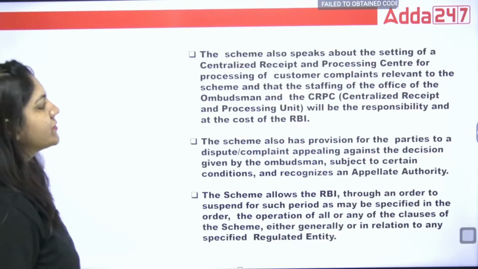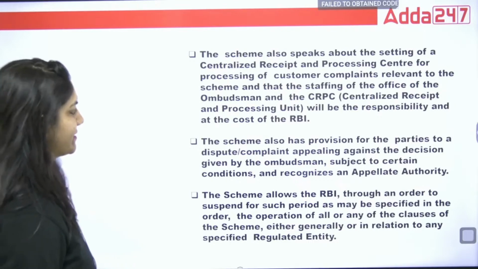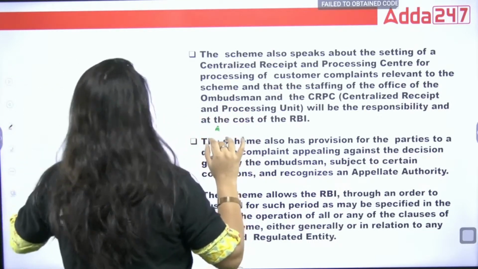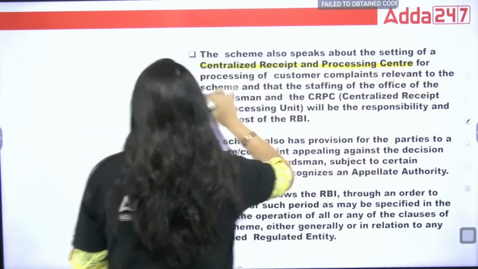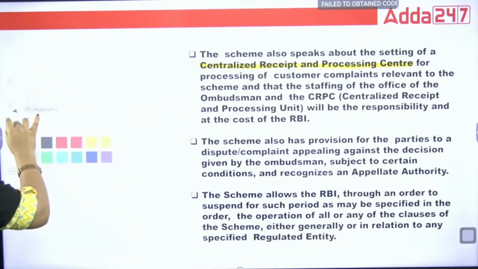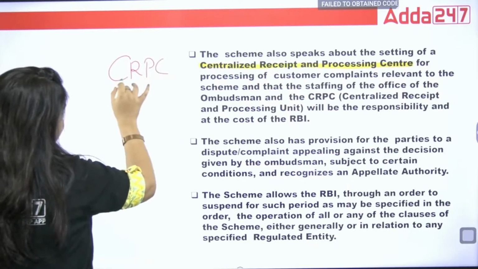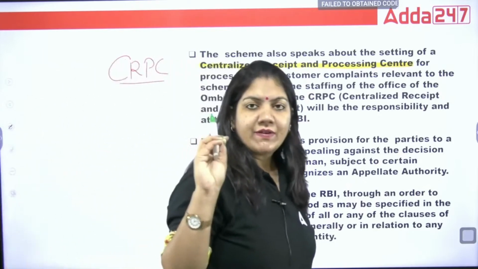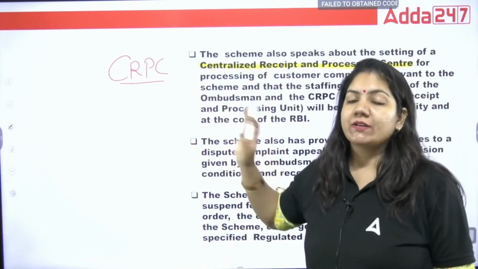The scheme also speaks about the setting up of the Centralized Receipt and Processing Center. This is very important, guys. The short name is CRPC. So what exactly is the CRPC? It is simply the processing center where, if any complaint is made, the CRPC will initiate the complaint.